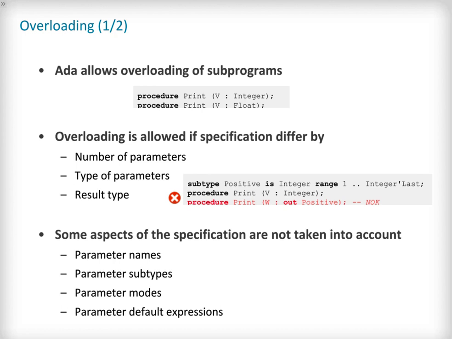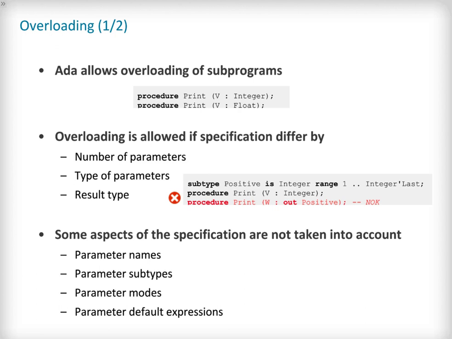Subprograms can be overloaded following several criteria: the number of parameters, the type of those parameters, and the resulting type in the case of a function. And that's it. So other aspects of the specification are not eligible to qualify for overloading.